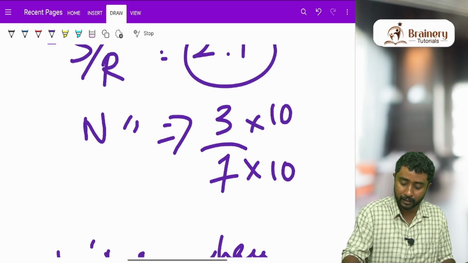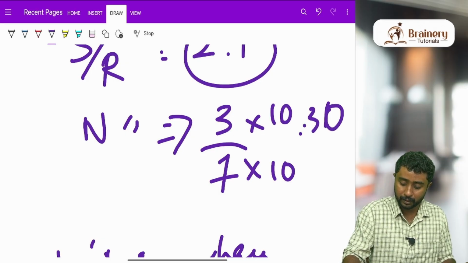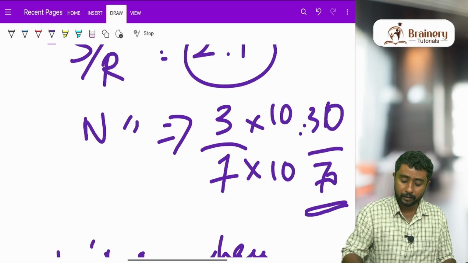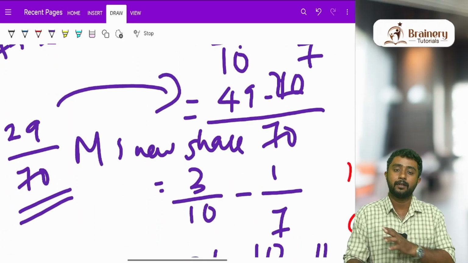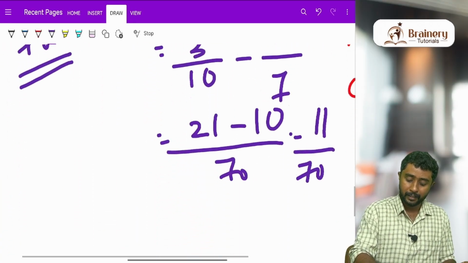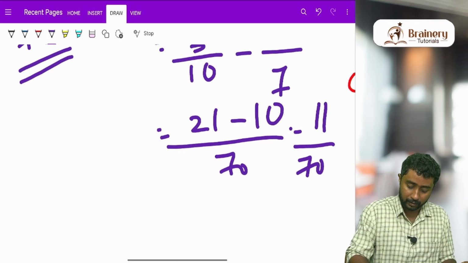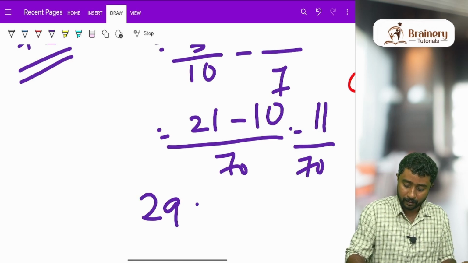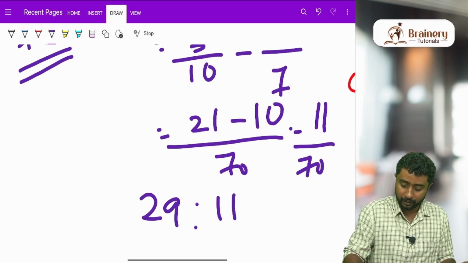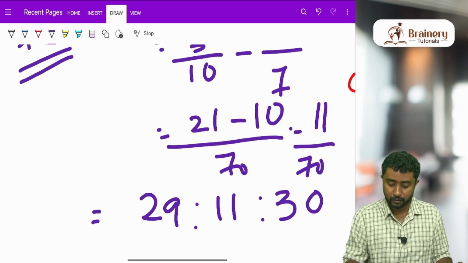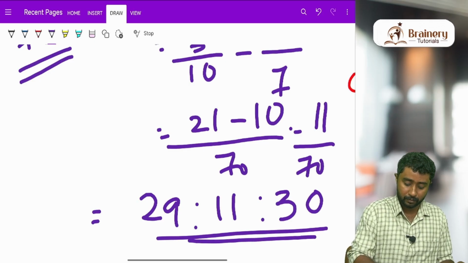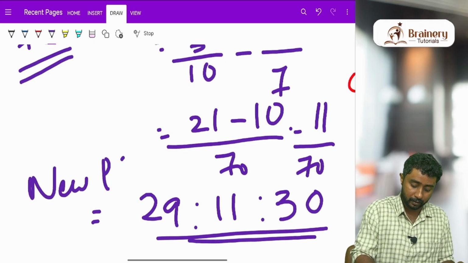For that we multiply by 10, so 30 by 70. Now everything is together, so we can write L's share first, followed by M's share, and then N's share in order. L's was 29, M's was 11, and N's was 30. So 29:11:30. This is what is called the new profit sharing ratio.